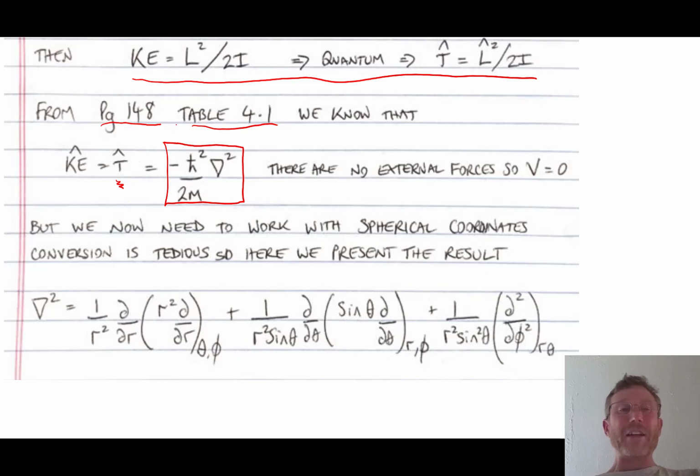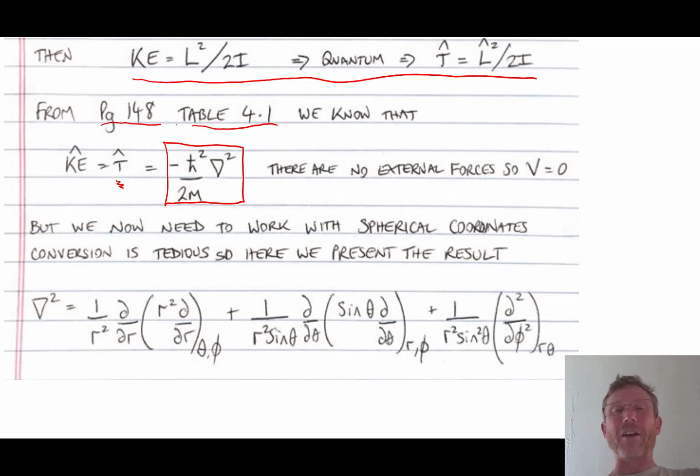So del squared is the second partial derivative with respect to x plus the second partial derivative with respect to y plus the second partial derivative with respect to z. So again, there's our simplification, there's our del squared term.